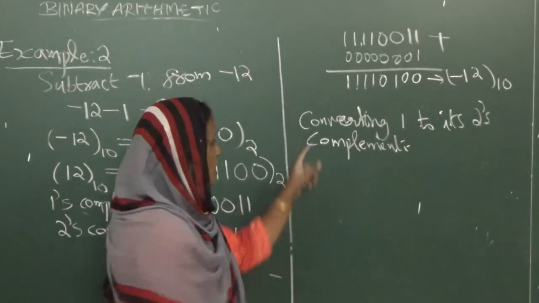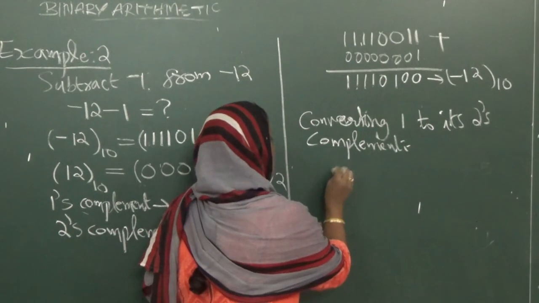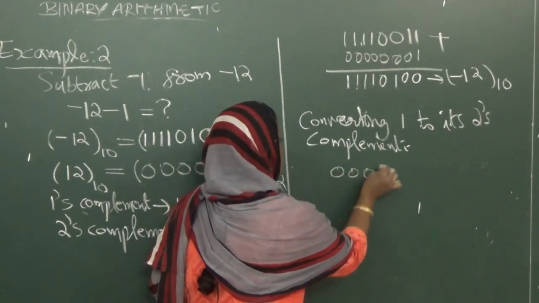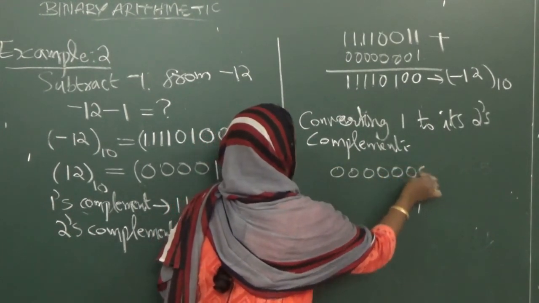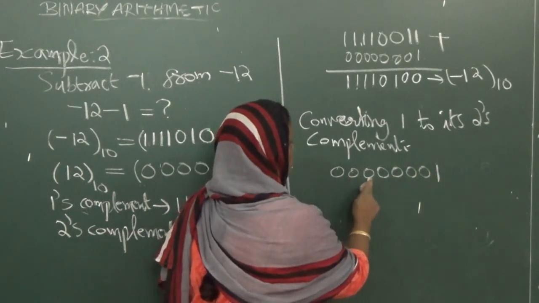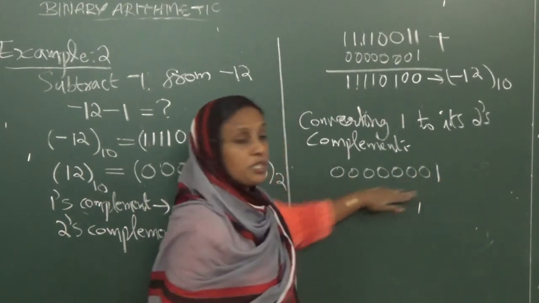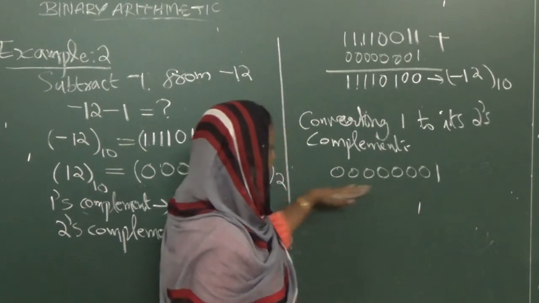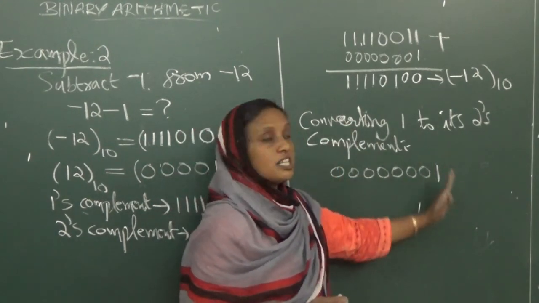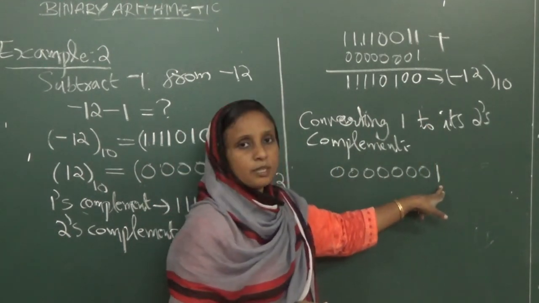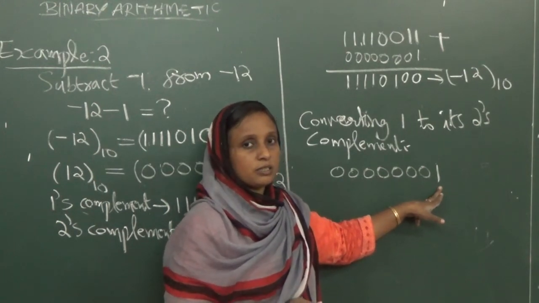Okay, so in 8-bit notation, 1 is 0 0 0 0 0 0 0 1. 1 2 3 4 5 6 7, 7 zeros as the 7 bits and the last bit, least significant bit, is 1. This is 1 in 8-bit notation.